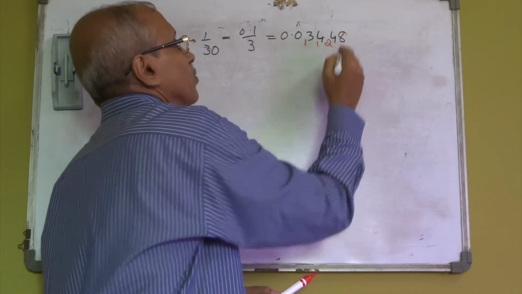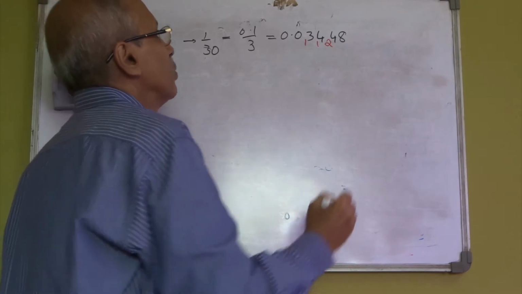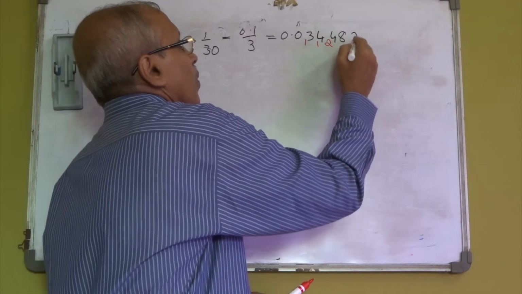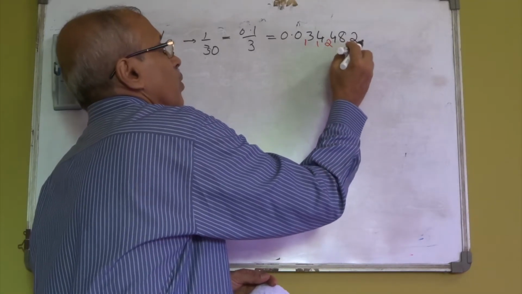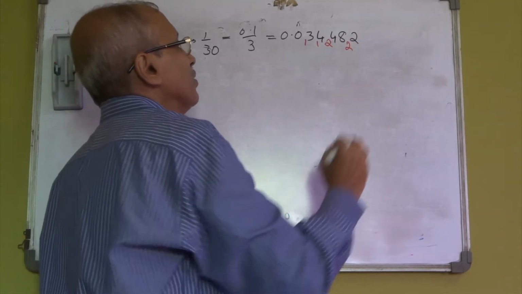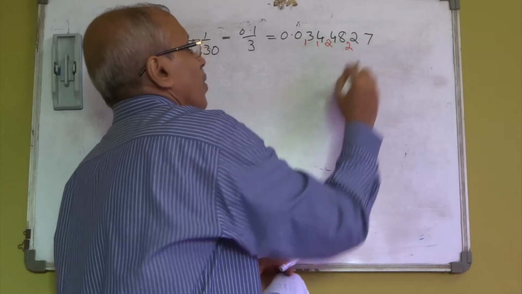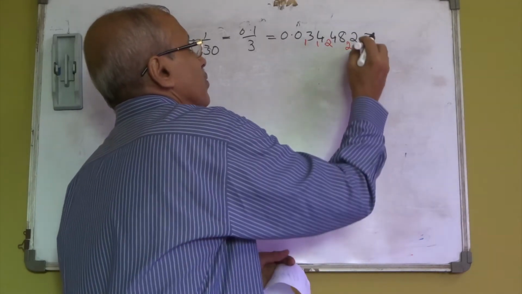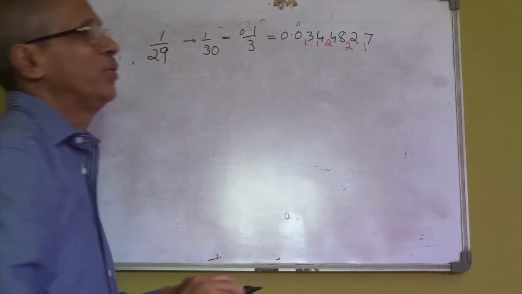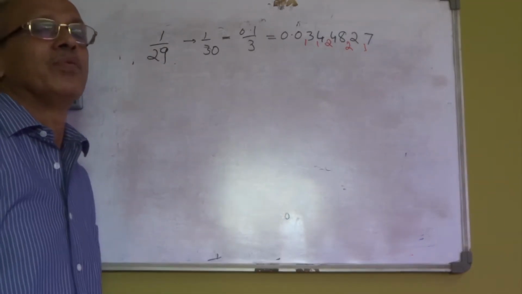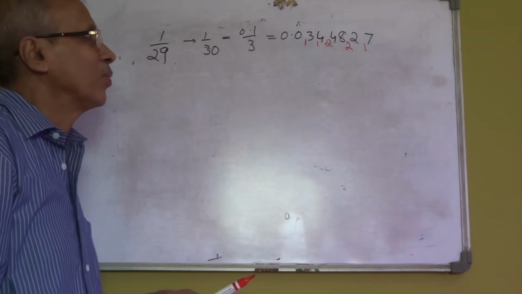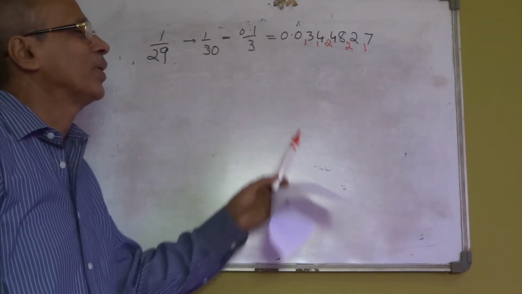Remainder 0. 8 by 3 is 2. Remainder 2. 22 by 3 is 7. Remainder 1. Now the next dividend is 17. Like that it will continue. We can stop after 4 or 5 decimals.